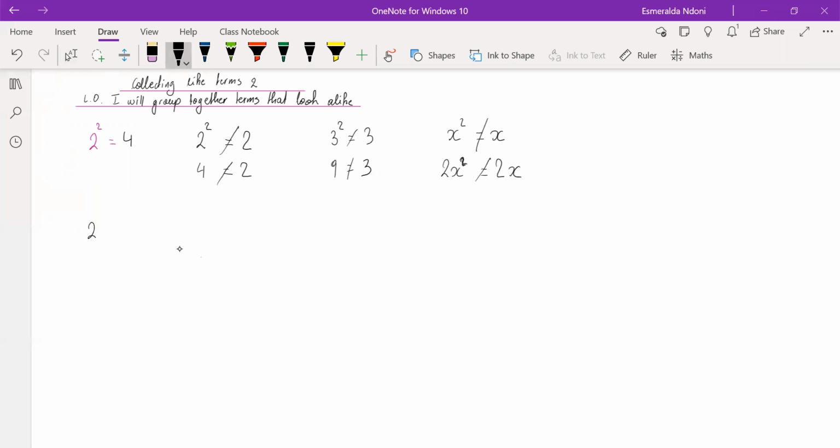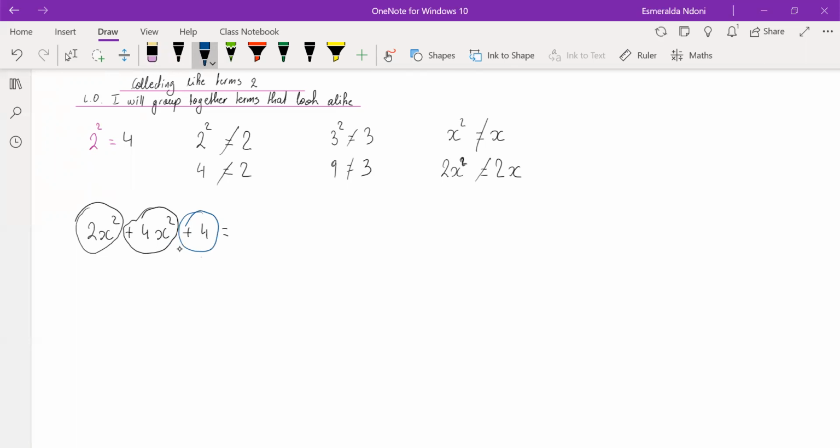So I'm going to write a question. I have 2x squared plus 4x squared plus 4. Again, I need to collect like terms. And to do that, I need to circle the ones that look alike. So I will circle the ones together with a sign. So those 2 look the same. They both have x squared. And the 4, well, that doesn't look the same, does it?